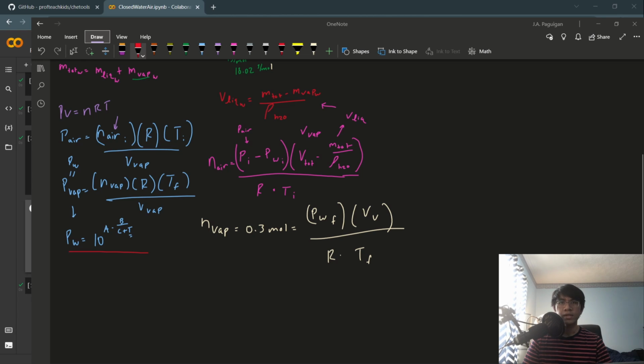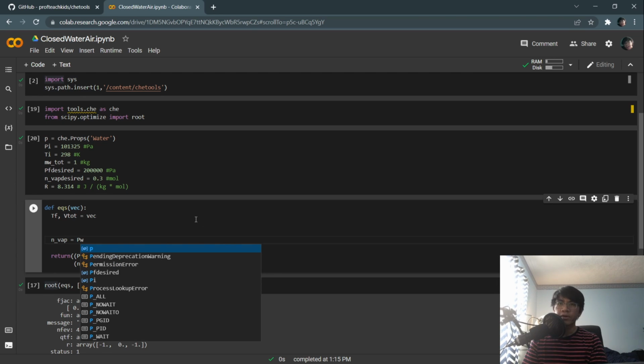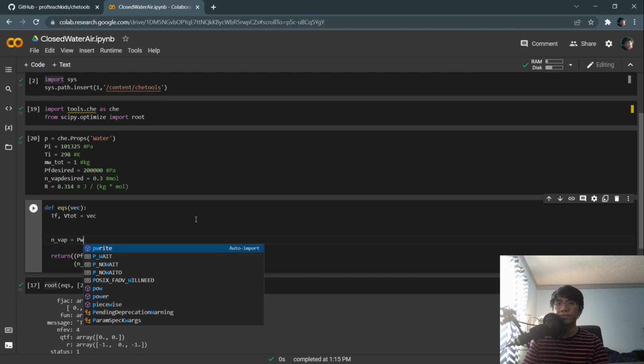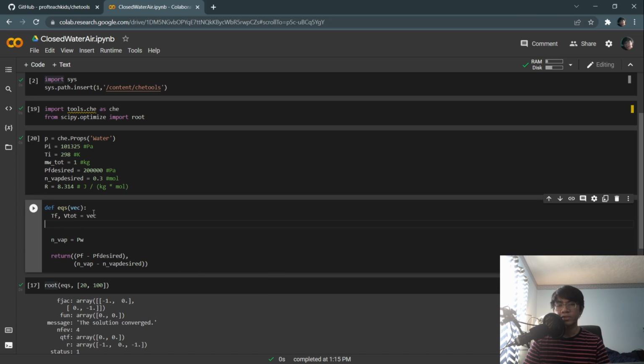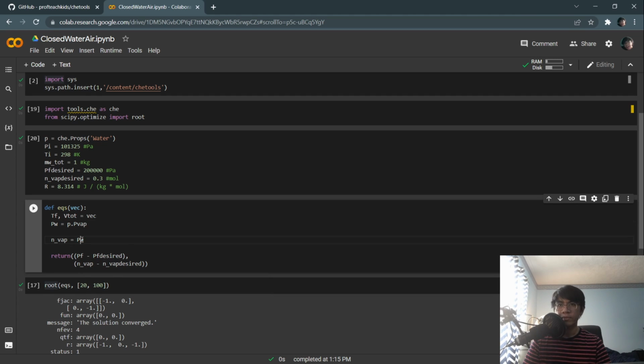We're going to write exactly that. Pressure of the water final. Since we are going to write that as the vapor pressure with P.P.vap, I don't want to write it every single time we use the final temperature. So let's just go ahead and define it at the top right here, as shorthand. And from here to here, we can just write that as the vapor pressure at the final temperature. And then we can just keep this as is.